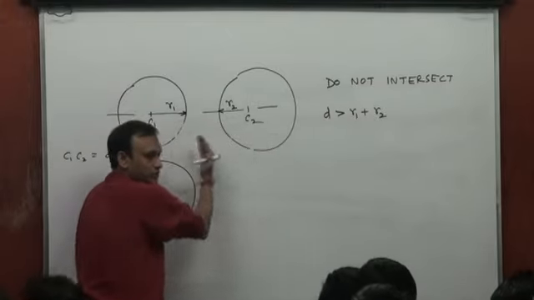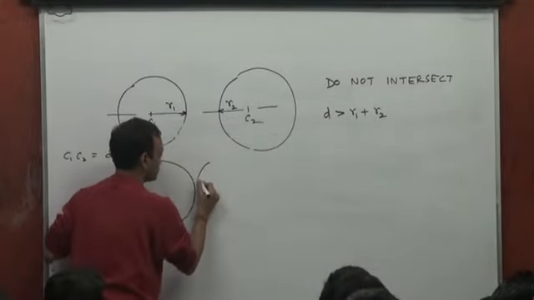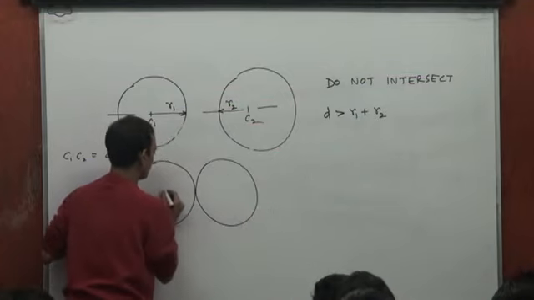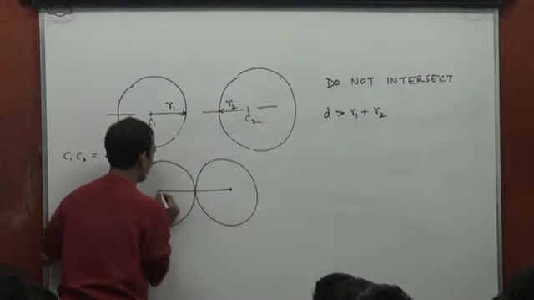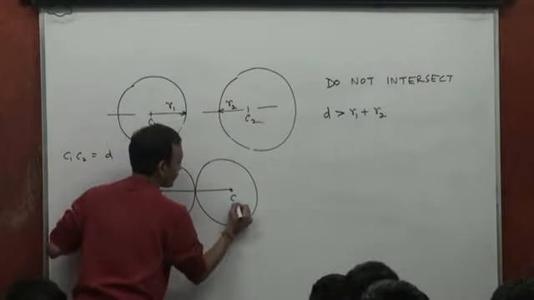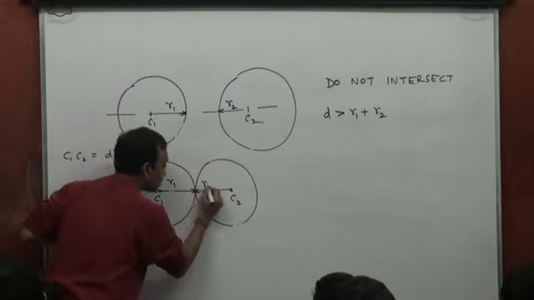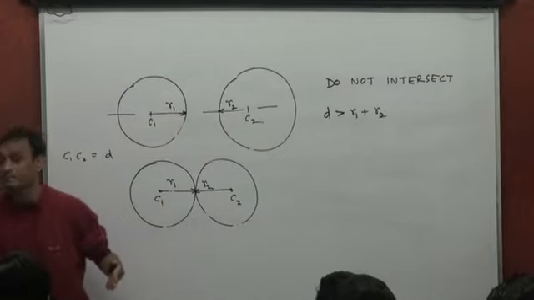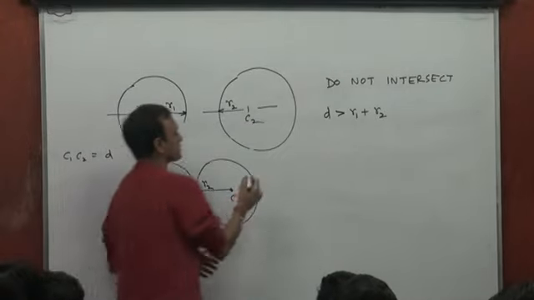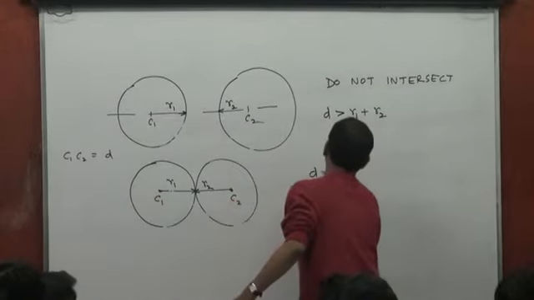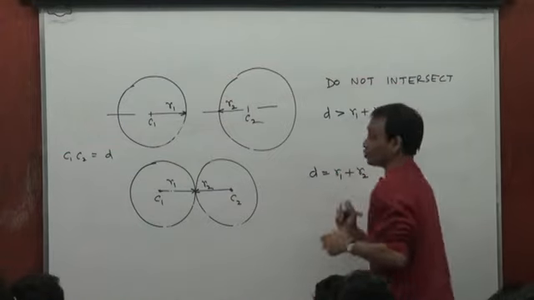Now push this circle towards the other circle. This circle is of radius r1, this circle is of radius r2. The distance between their centers is d. In this case, d is equal to r1 plus r2.